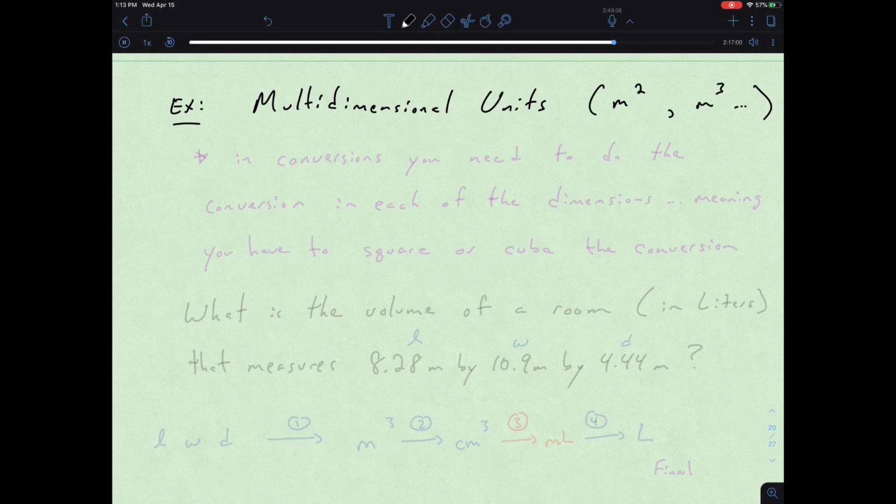So, what we have to be careful with multidimensional units in conversions, you need to do the conversion in each of the dimensions.